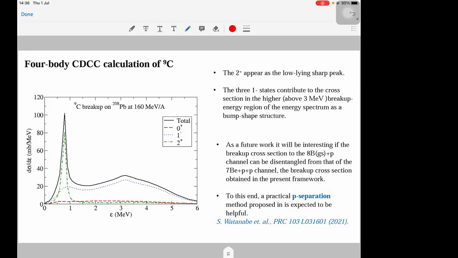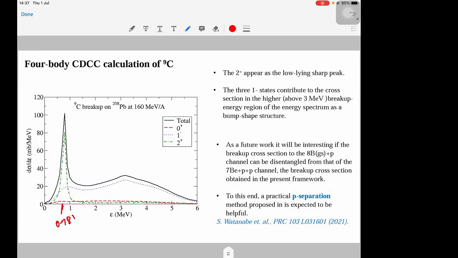This figure shows the elastic breakup cross-section at 160 MeV, the 9 carbon breakup on a lead target. If we concentrate on the figure, the shape of the breakup cross-section is guided by a narrow peak around 0.781 MeV.